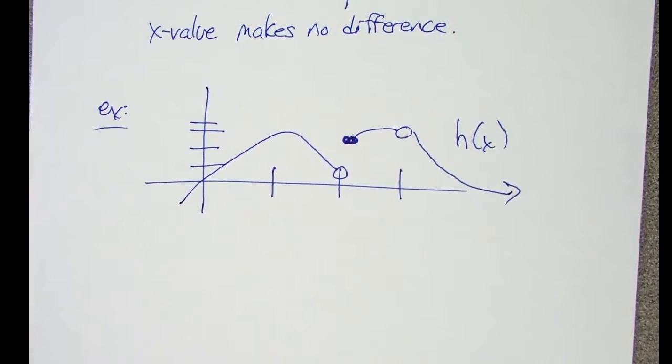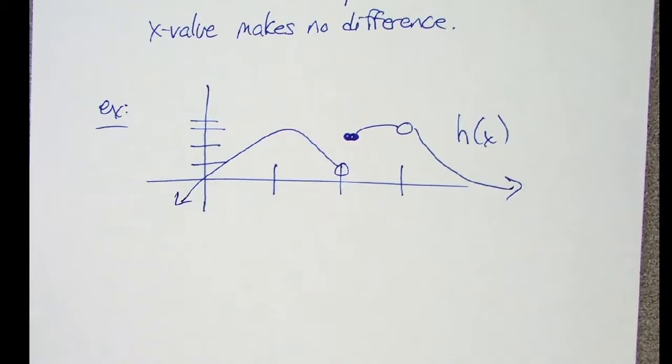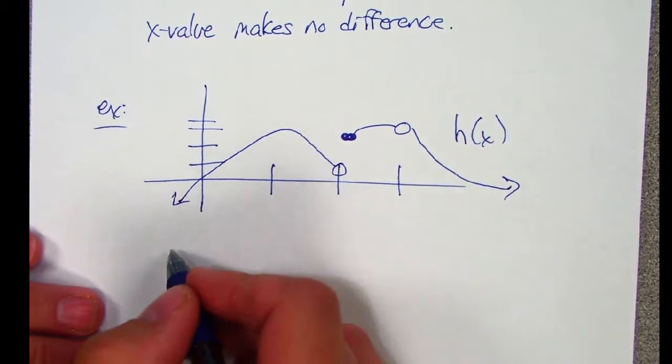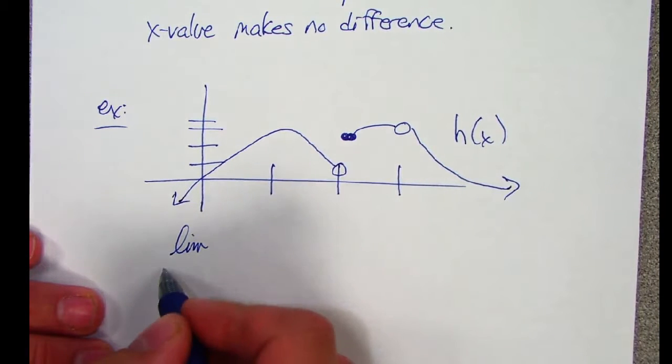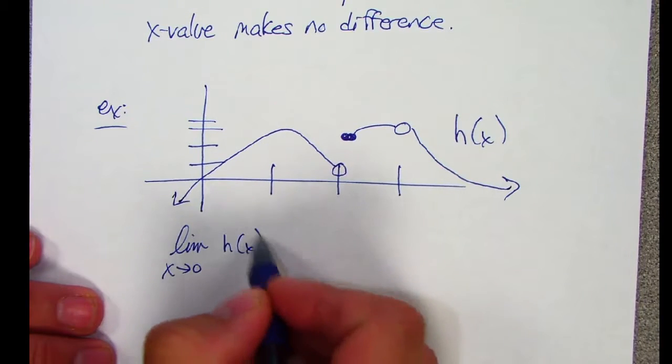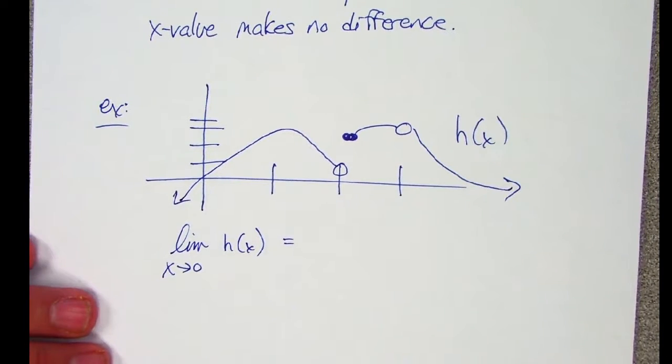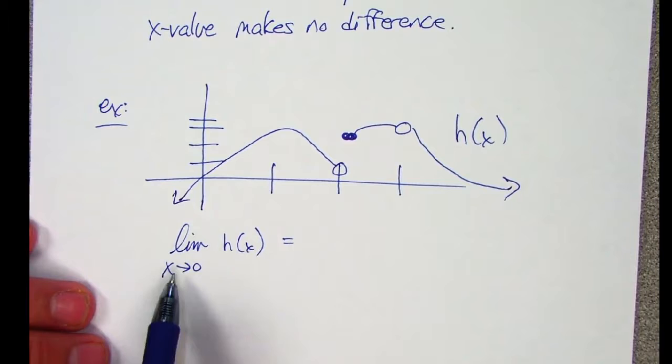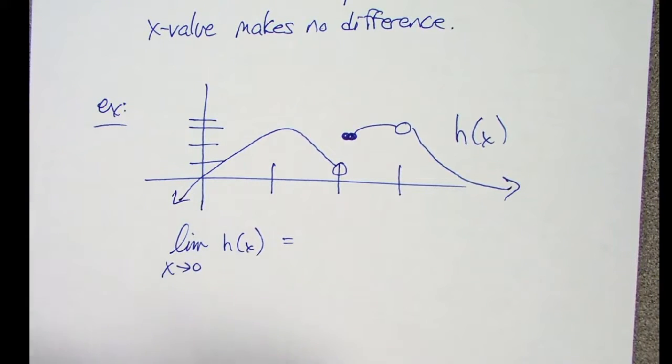That's just the name of the equation. So if I asked you to find the limit as x approaches 0 of h of x, what we're looking for is, as the x value gets closer to 0 from each side, what does the y value look like it's going to do?